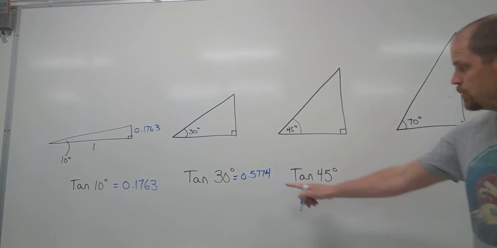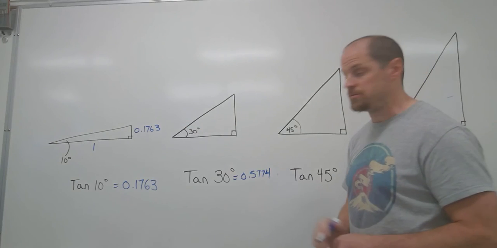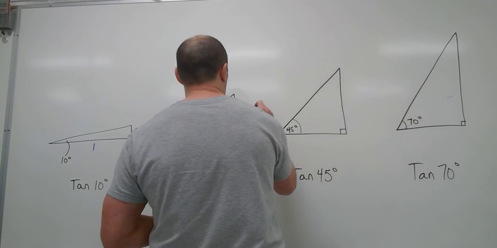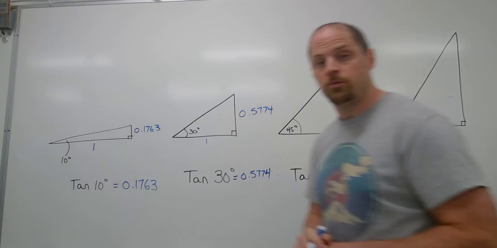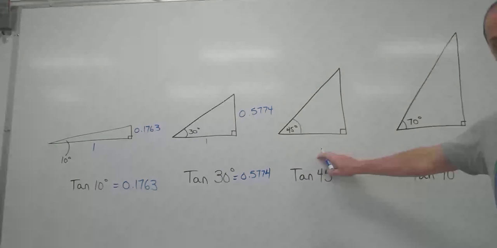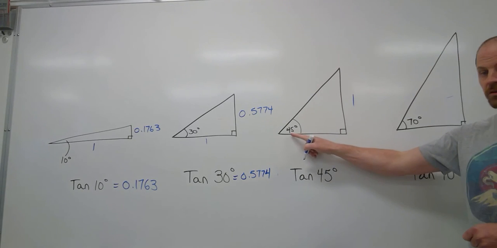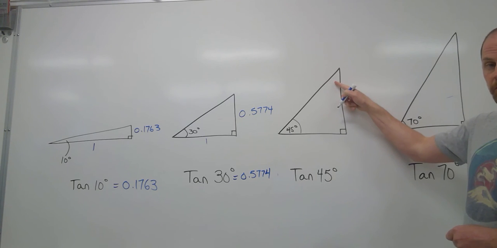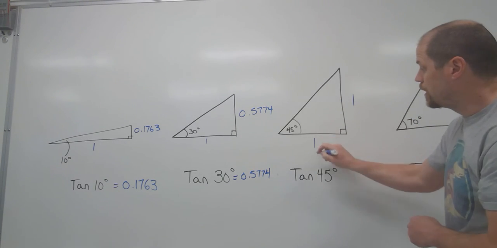We can see that this is bigger than that one, and definitely the side is much bigger. And as always, the adjacent is always 1 in this example. Tan 45, if we plug this in, we get a 1, which makes sense. 45 degrees, this must be 45 degrees as well, which means the sides are identical, 1 and 1.